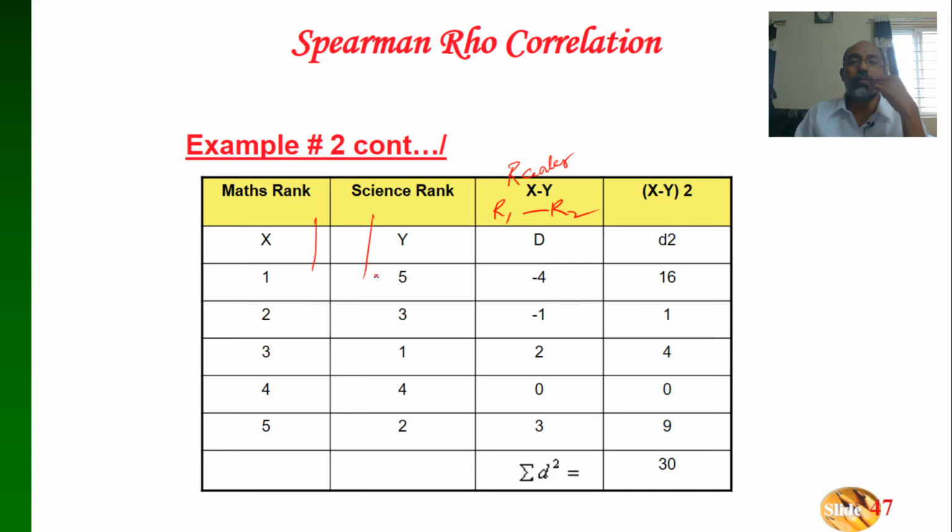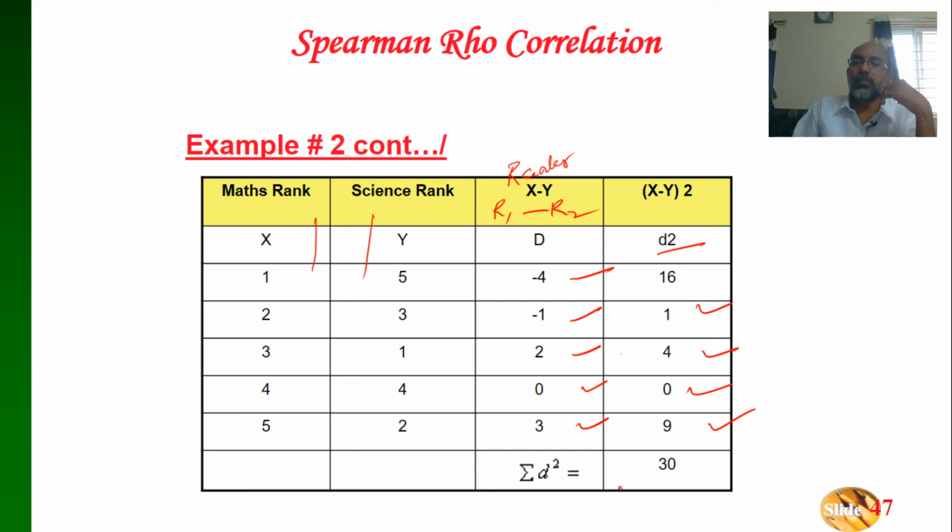So 1 minus 5 is equal to minus 4, 2 minus 3 is equal to minus 1, 3 minus 1 is equal to 2, 4 minus 4 is equal to 0, 5 minus 3 is equal to 2. So we'll calculate d square: 16, 1, 4, 0, 4 and 9.